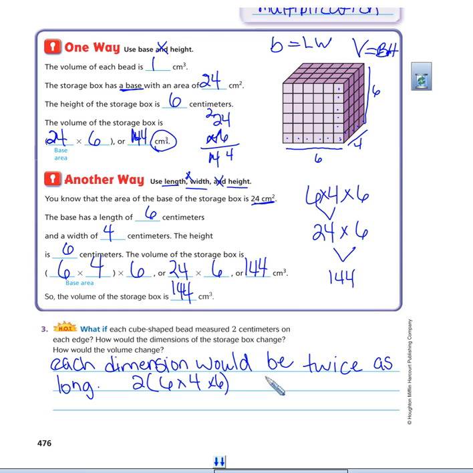Each dimension would be, so I would have 2 centimeters here, 2 centimeters here, 2 centimeters here. So the volume of each cube, 2 times the quantity.